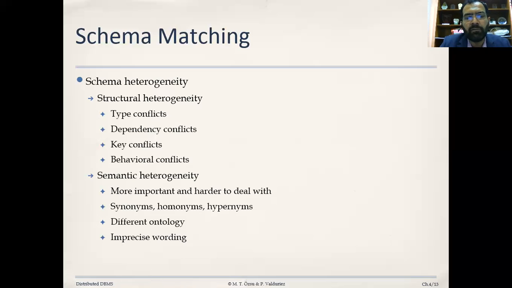When we have very different ontologies, we have to determine some mechanism for how we can match the attributes, how we can match the actual values of those attributes, and so on.